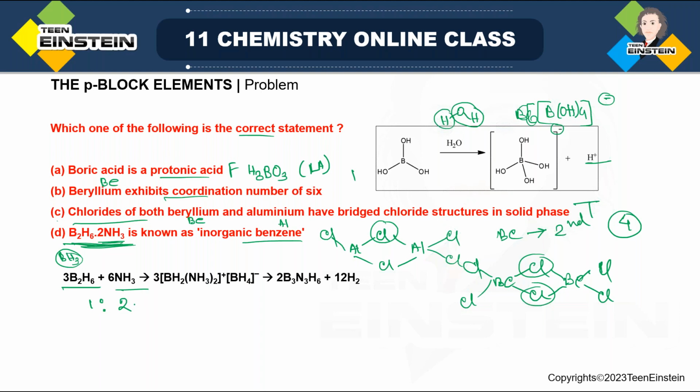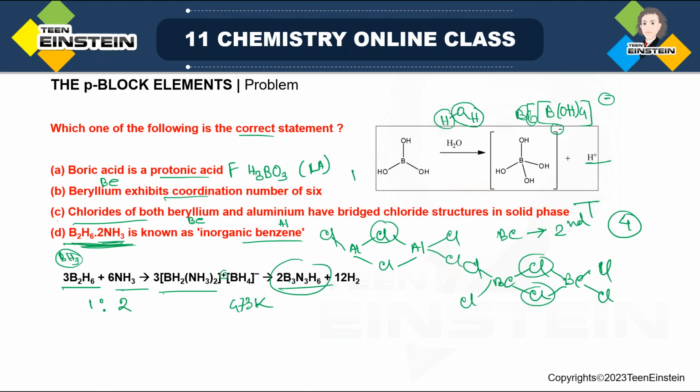When these two are mixed like this and heated, first there is formation of this type of cation, BH2(NH3)2 plus, BH4 minus. But ultimately, when it is heated at 473 Kelvin, finally we get B3N3H6. So indirectly it is true. Maybe it is not directly correct, it seems as if it is not correct, but actually B2H6·2NH3 ultimately forms this borazine or inorganic benzene.